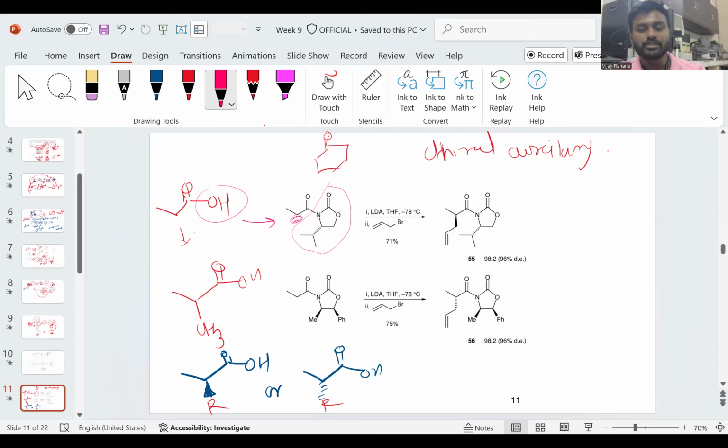And in the auxiliary, you can see, what does lithium do? Lithium forms a chelate between this one, right? So this lithium goes in between, and now this entire system is buckled together, right?